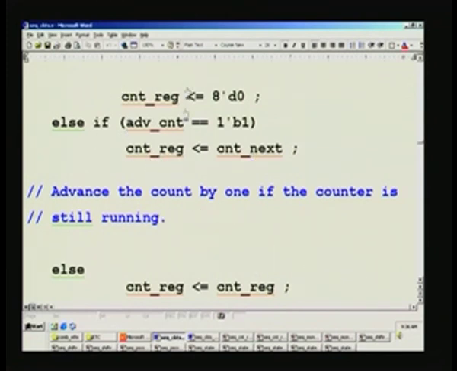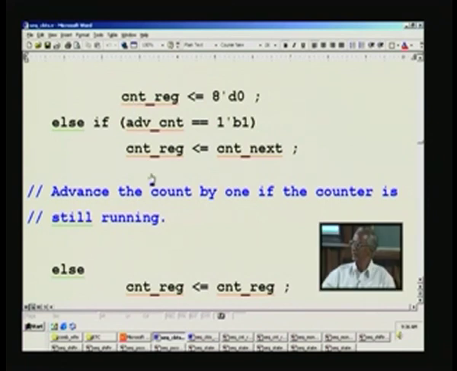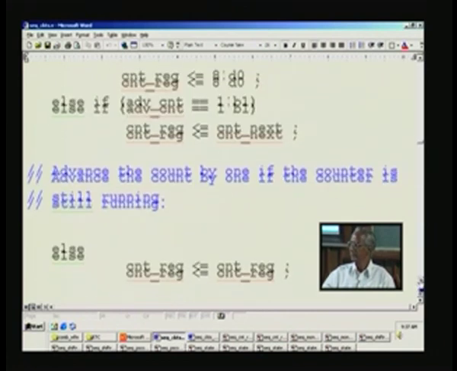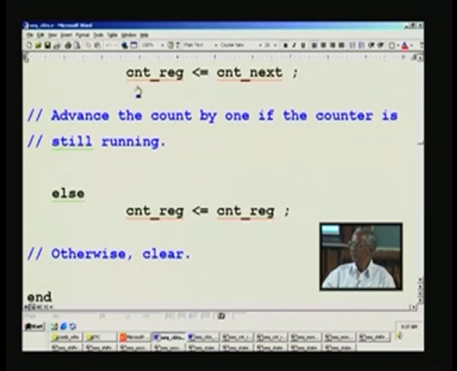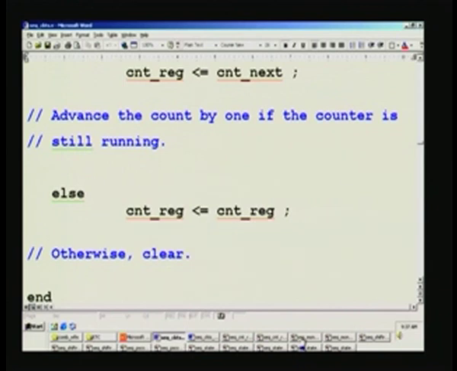And so if nothing else is satisfied, in fact all aspects are covered here, and so you need only to, it is a dummy statement wherein you do nothing, just preserve its contents. If you dispense with this, then also it will work. So that is the end of this counter, and let us have a look at the waveform that we had earlier.